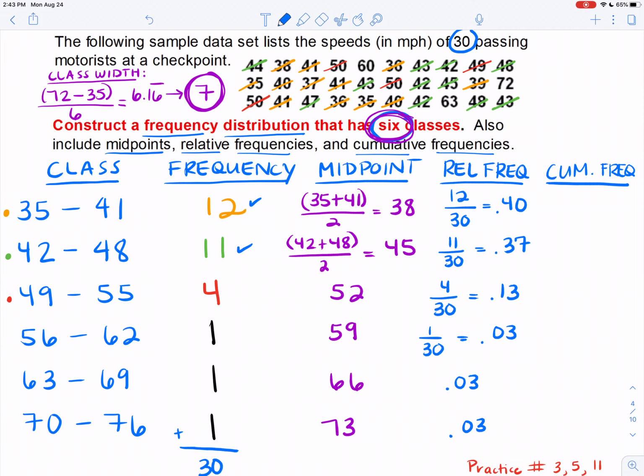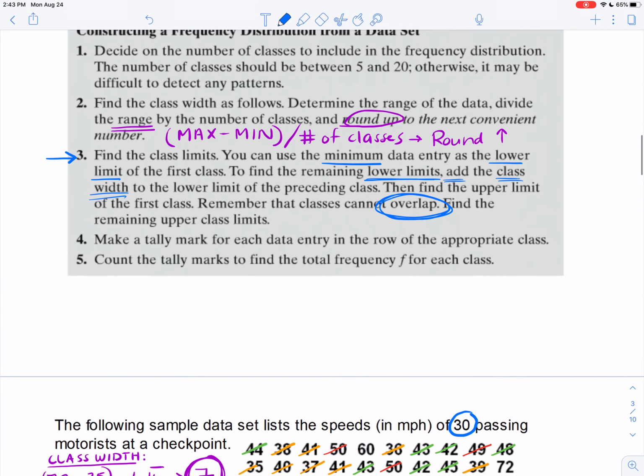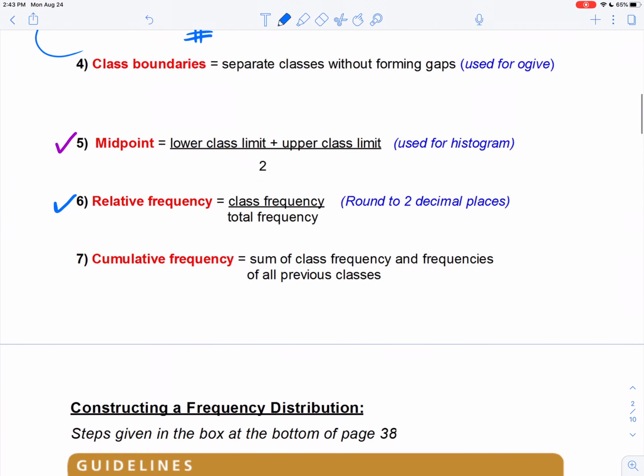All right, so frequency is how many are in each class, relative frequency is what percent or what portion, decimal-wise, are in each class, and then cumulative is like a running tally. So right here at our cumulative frequency, basically we're adding up.